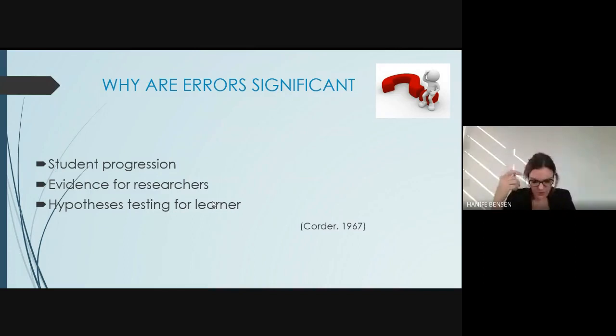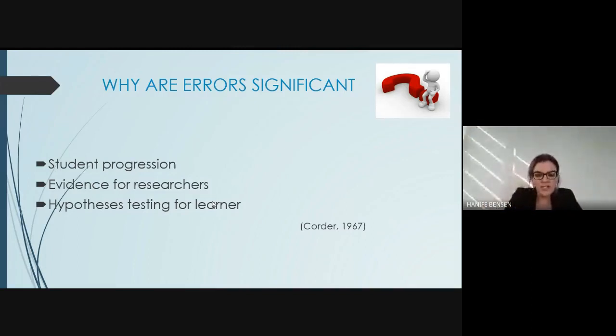In addition to this, for the learner, errors are indispensable, because we can regard the making of errors as a device the learner uses in order to learn. It is a way the learner has for testing his hypothesis about the nature of language, of learning a language. So the students themselves test themselves through errors.